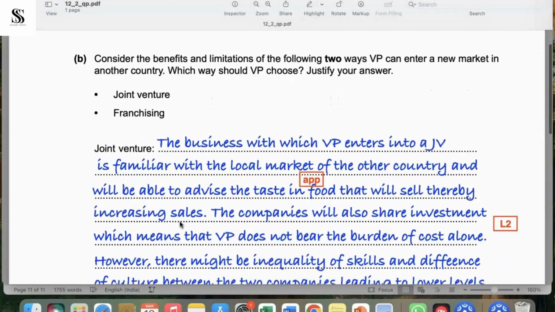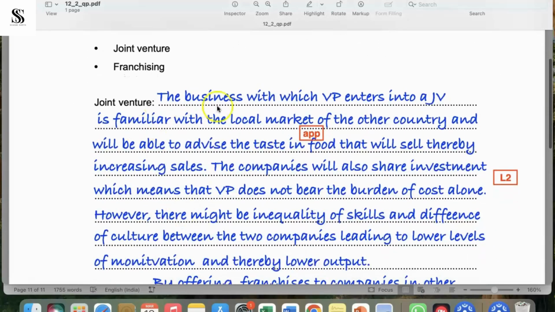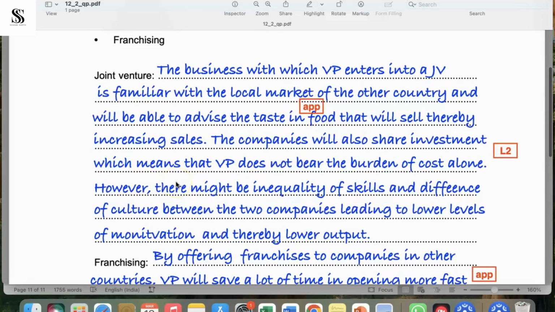So here I have gone ahead to explain the advantage of joint venture. The business with which VP enters into a joint venture is familiar with the local market of the other country and will be able to advise on the taste in food. Now this is an application because the case study is about restaurants that will sell, thereby increasing sales. The companies will also share investment, which means that VP does not bear the burden of cost alone.